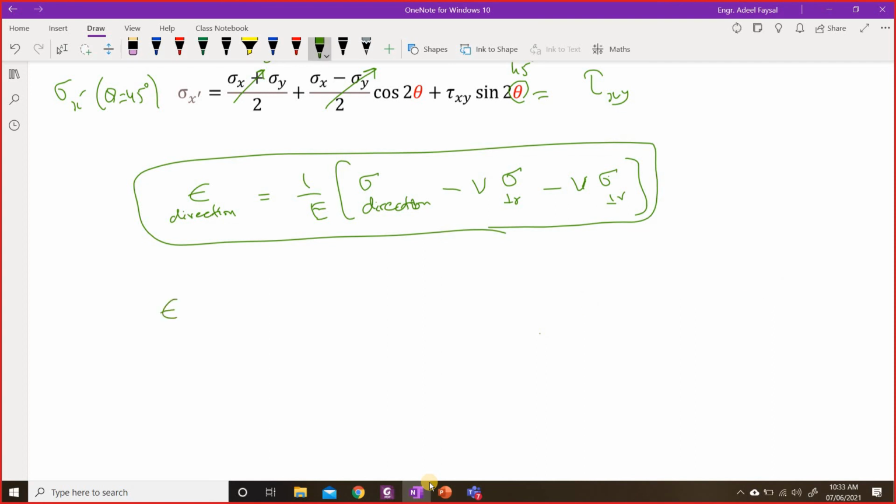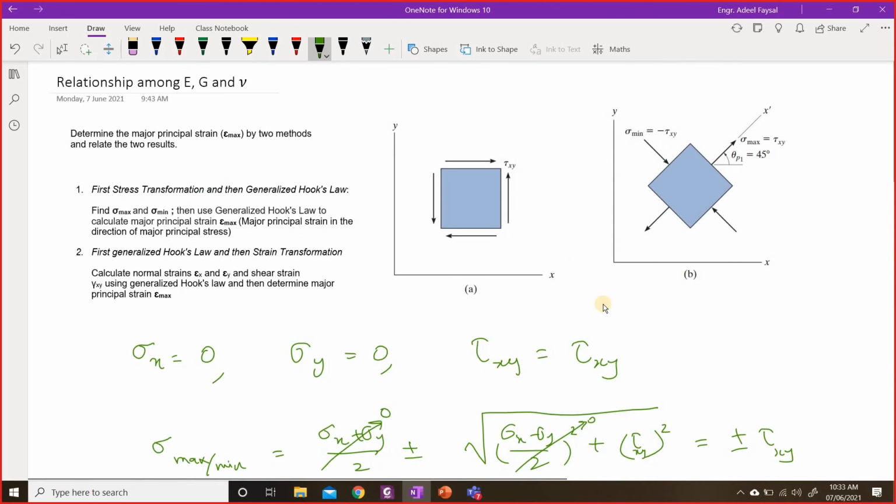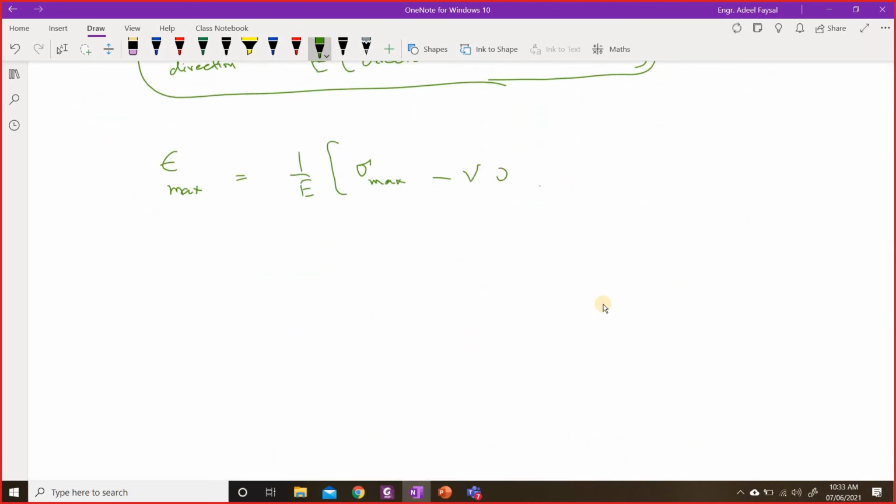So we are finding epsilon max equal to 1 over E times the stress in the same direction as this strain, which is sigma max, the major principal stress, minus nu times the stress in the other direction, sigma min.